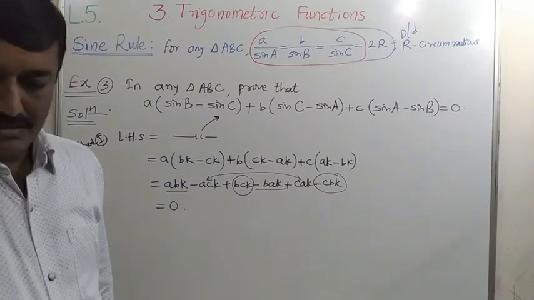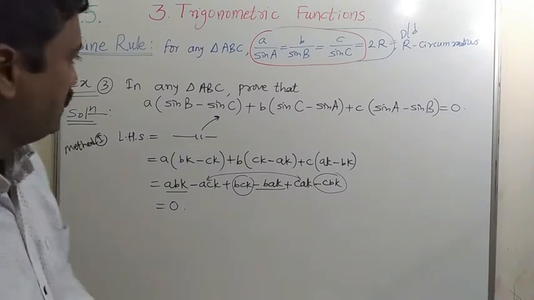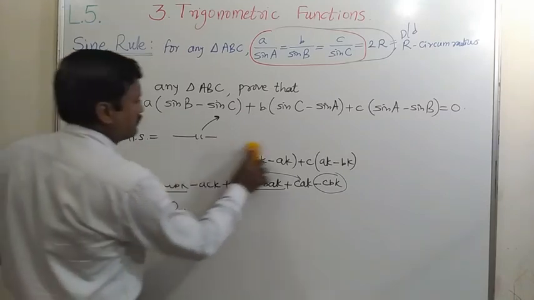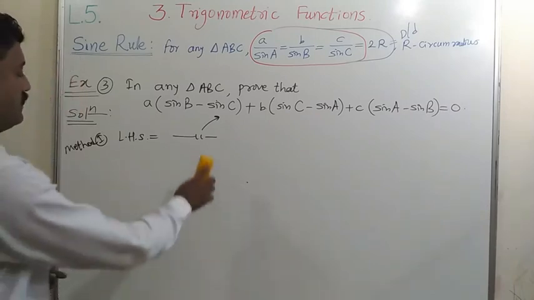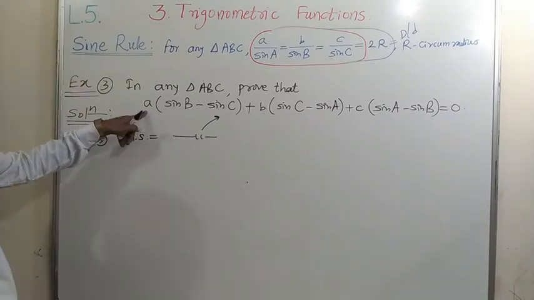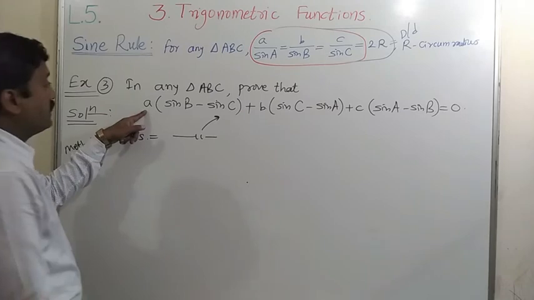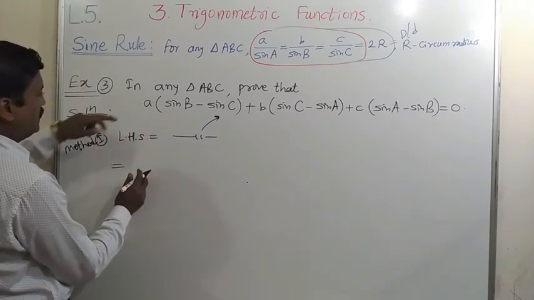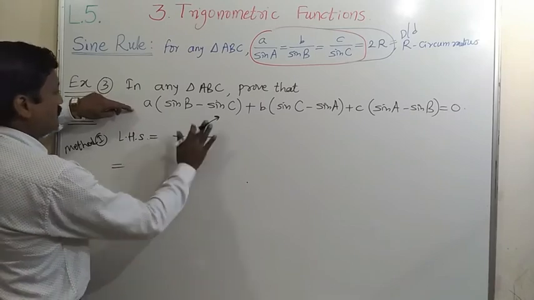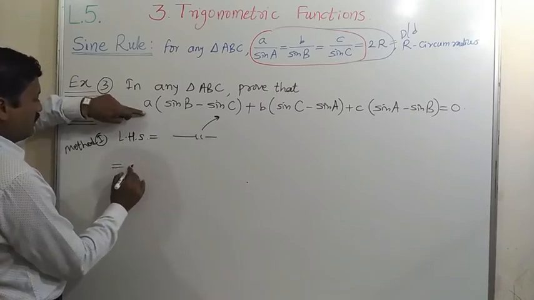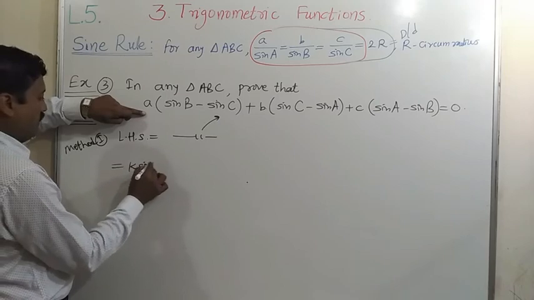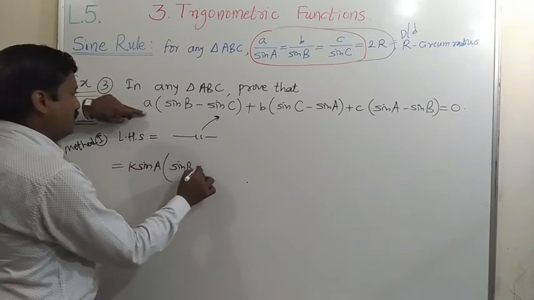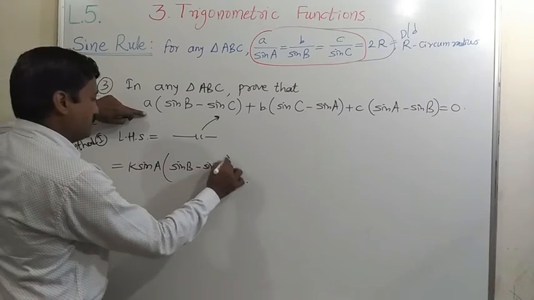Okay. If you want to use another result in reverse way, we can do this as, instead of this a, we can write k sine a. So we get LHS equal to this, and that is equal to, instead of a I will write k sine a. So it is equal to this sine b minus sine c as it is.